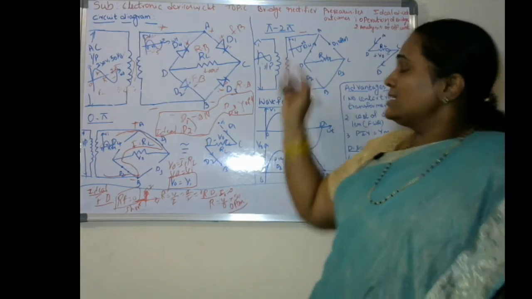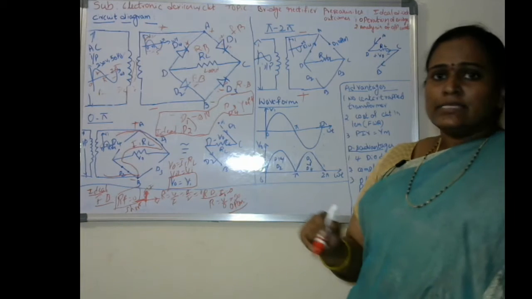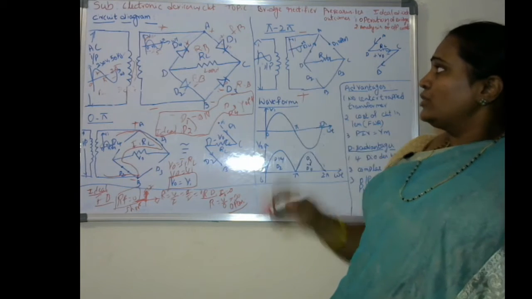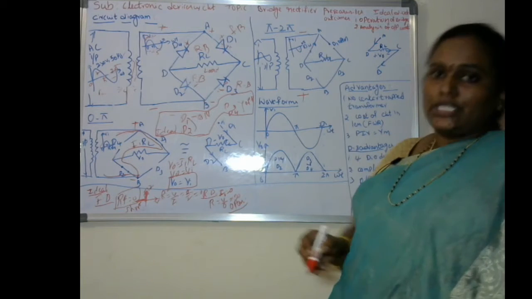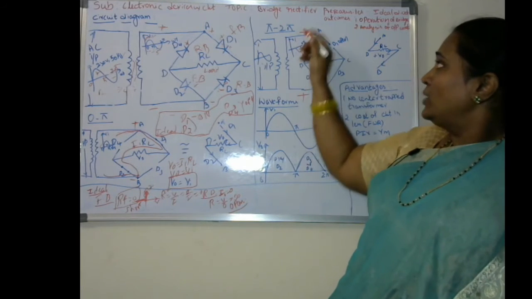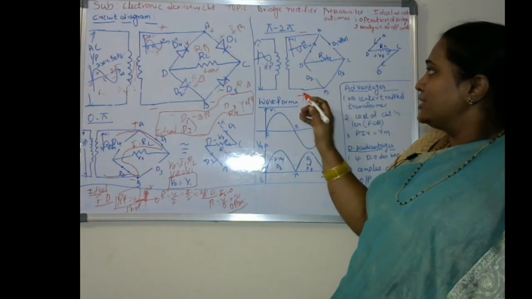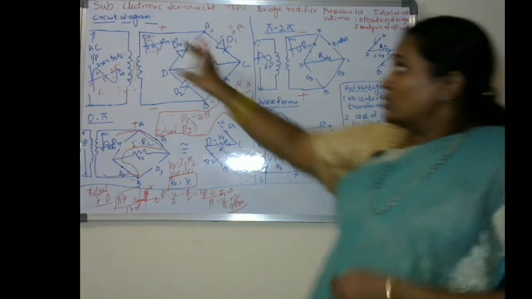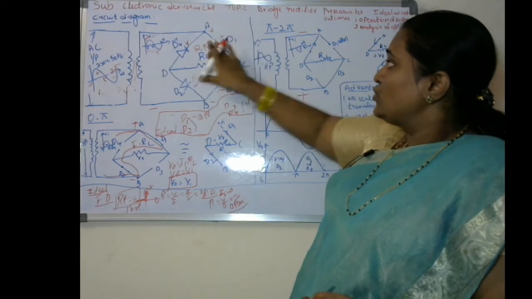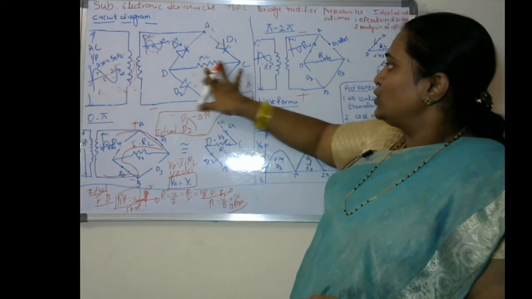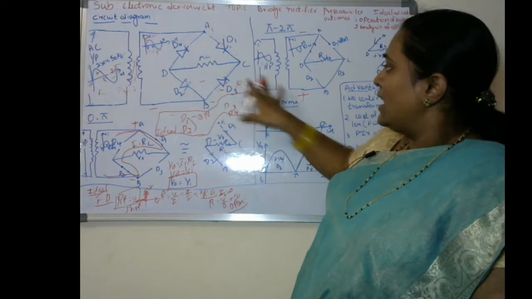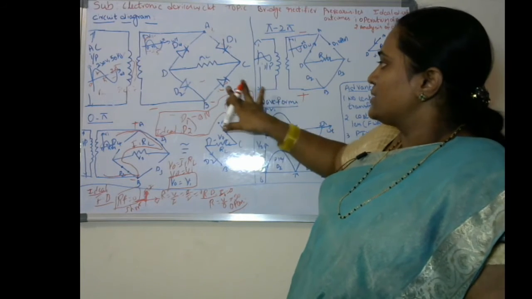Next, we come to the analysis for the pi to 2 pi case. In the pi to 2 pi case, if you observe, we have the negative voltage. Here it goes negative and here it goes positive. So we have to analyze which one is positive and which one is negative, and which is the forward bias case and which is the reverse bias case.